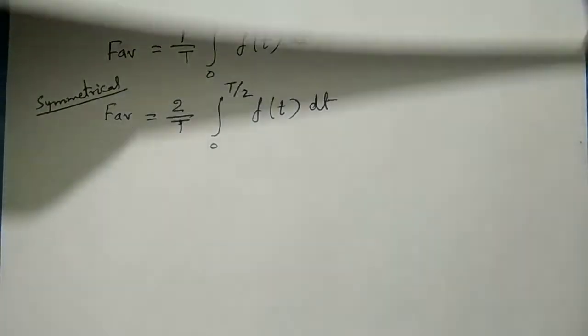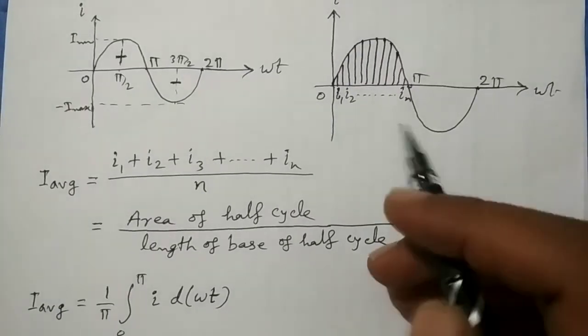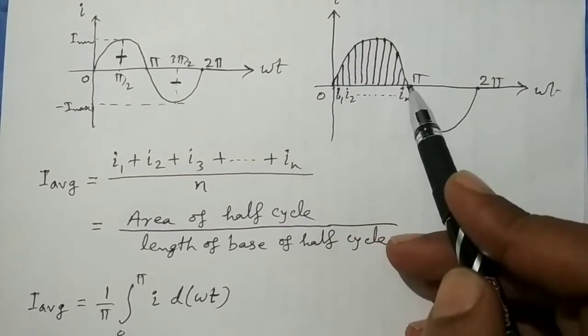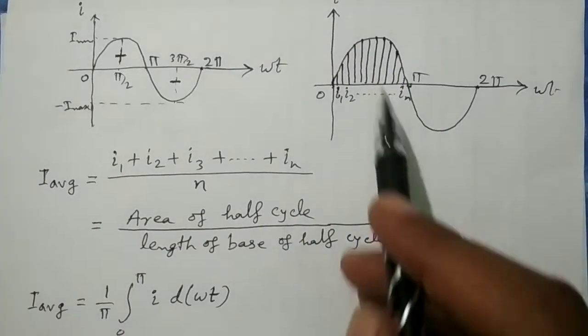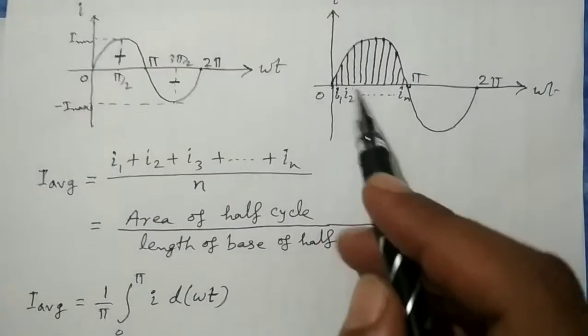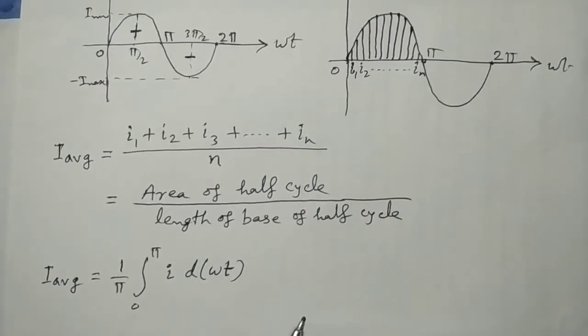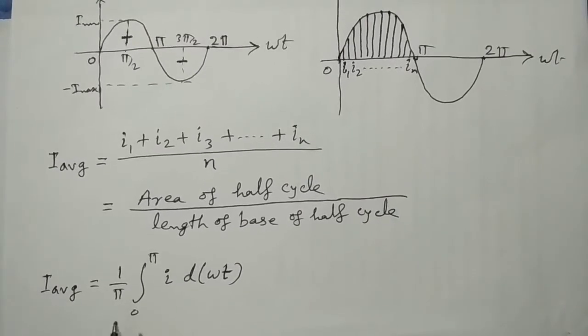As I have discussed here, for a symmetrical waveform, we will consider the positive half cycle, that means from 0 to pi. So first of all, you have to calculate the area of the positive half cycle, and then divide it by its base. In this case, we have already seen that the average value can be written as integration 0 to pi of i d omega t, divided by the length of the base, that is pi.